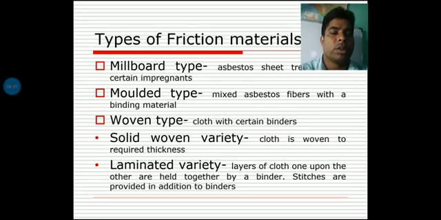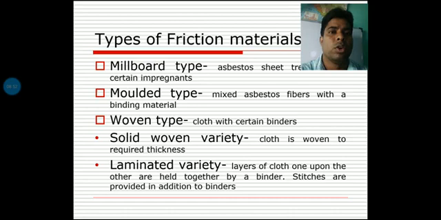Binding material means that some composition or some binding reagent can be used as a mixture of this type of friction material. That is actually the molded type material.